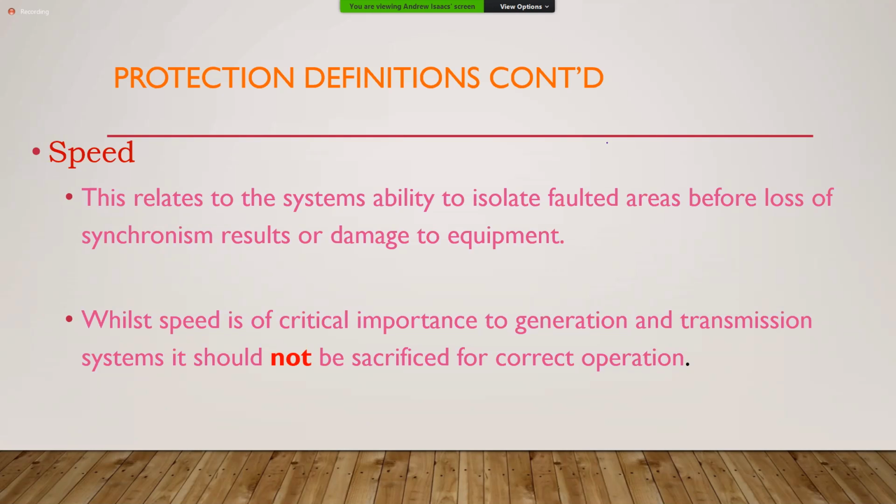If we lose synchronism with one unit, it's going to put pressure on the other generating units in the system. So losing a major unit can cause all the other units to pull out, and then you may end up with an all-island blackout, as we have experienced in the past.